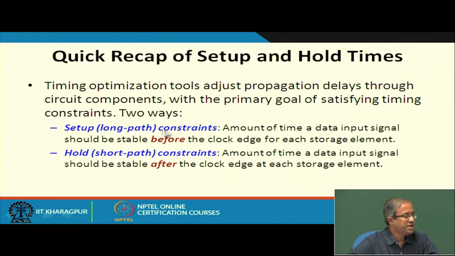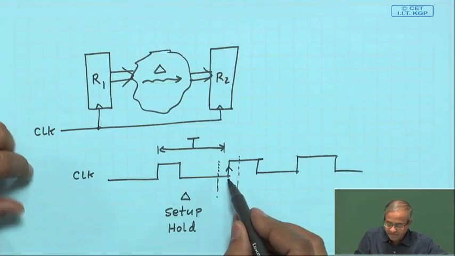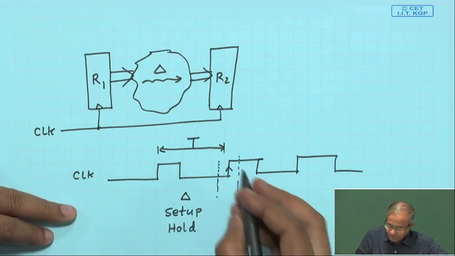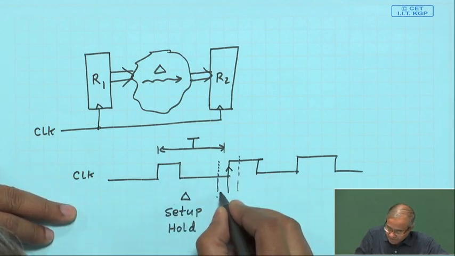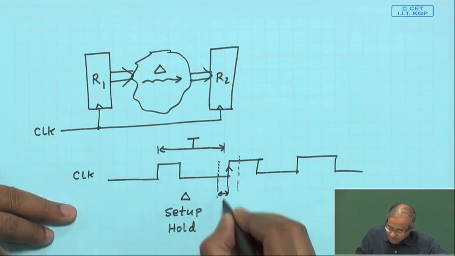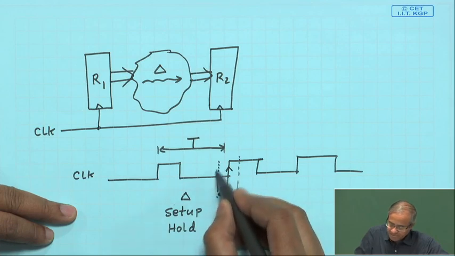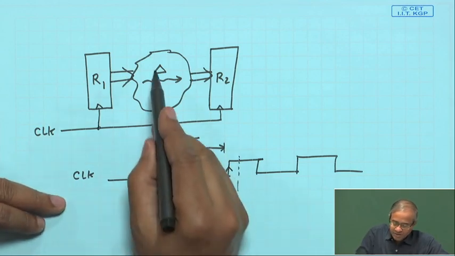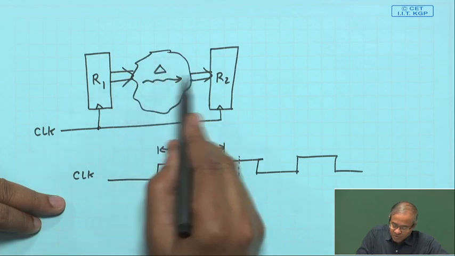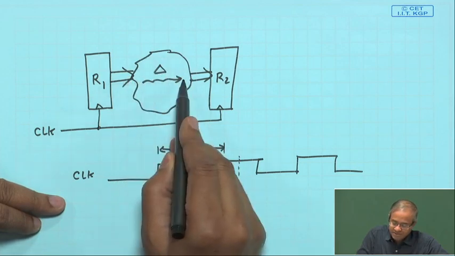Why do we call it a long path constraint? Because in the diagram there must be a minimum time before which the data must be stable. So, there must be a maximum worst case propagation delay of the combinational circuit.